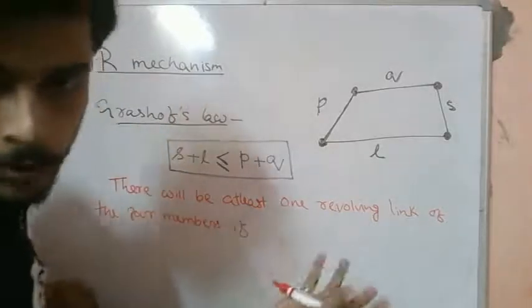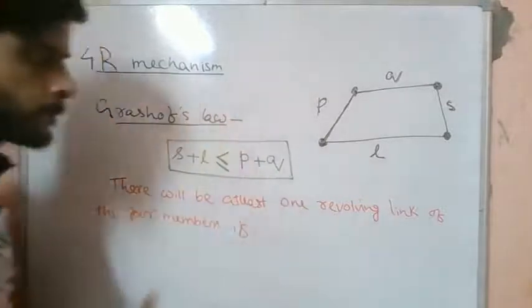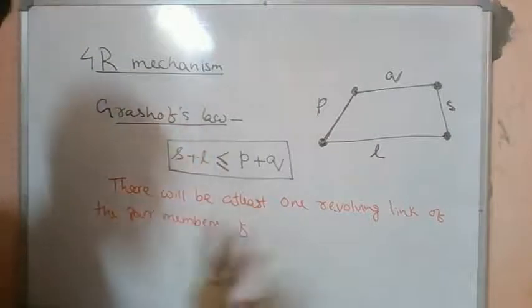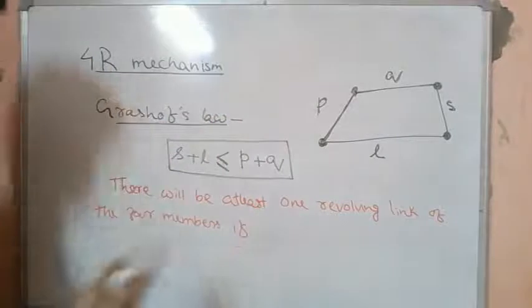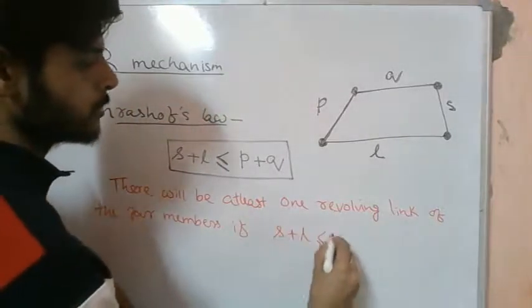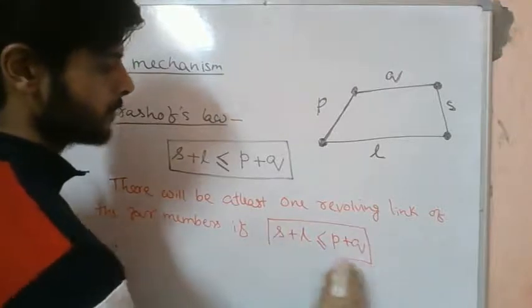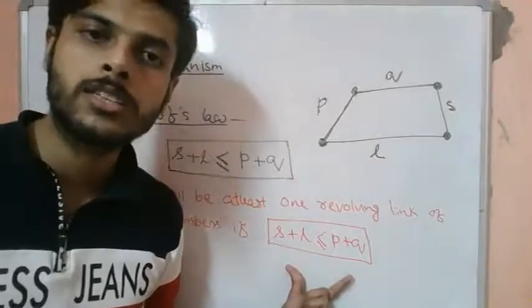There may be more, but there will be at least one link which will be performing a complete revolution or rotation, if S plus L is less than or equal to P plus Q. This is what we call a Grashof chain. A 4-bar mechanism satisfying this inequality is called a Grashof chain.